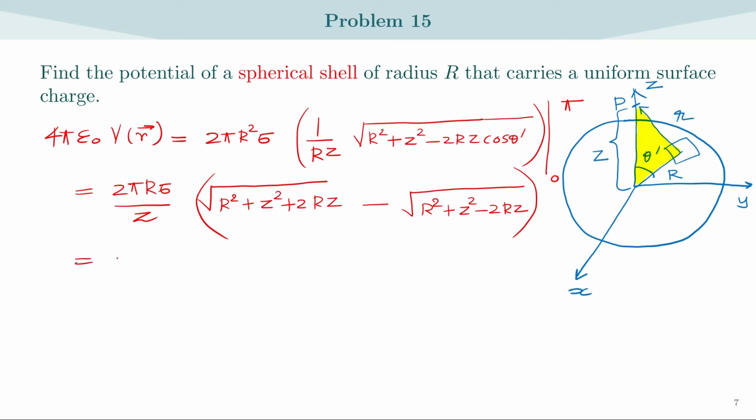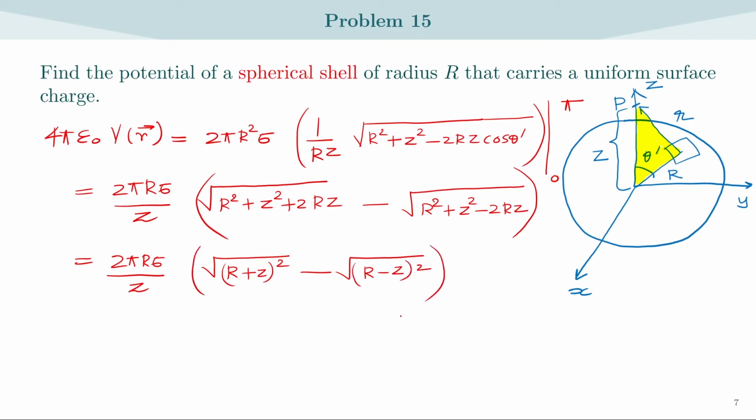And this can be written as 2πRσ over z, then √((R + z)²) minus √((R − z)²). At this stage, we should be careful to take the positive square root for (R − z)².